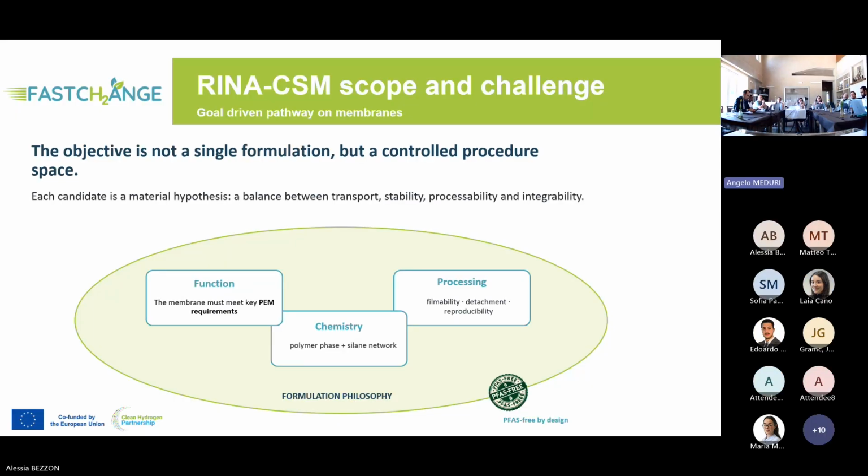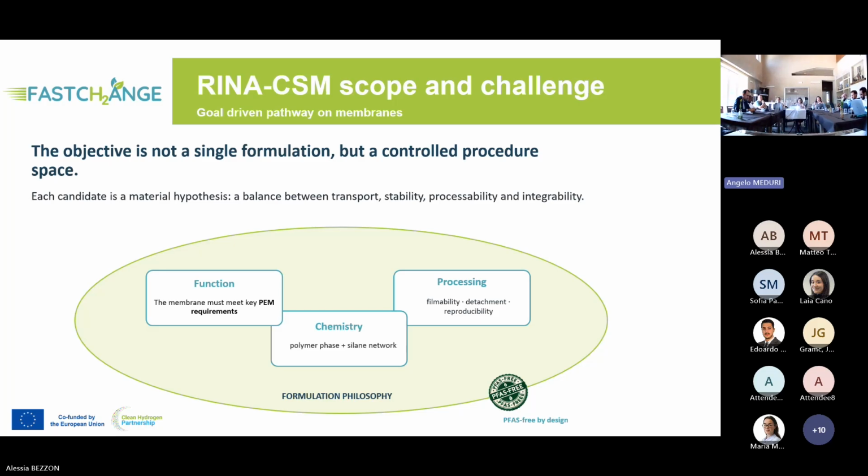So, the idea behind the study that we are doing here is to improve the behavior of these membranes, balancing characteristics such as transport, stability and resistance with the major characteristics of membranes produced without PFAS.